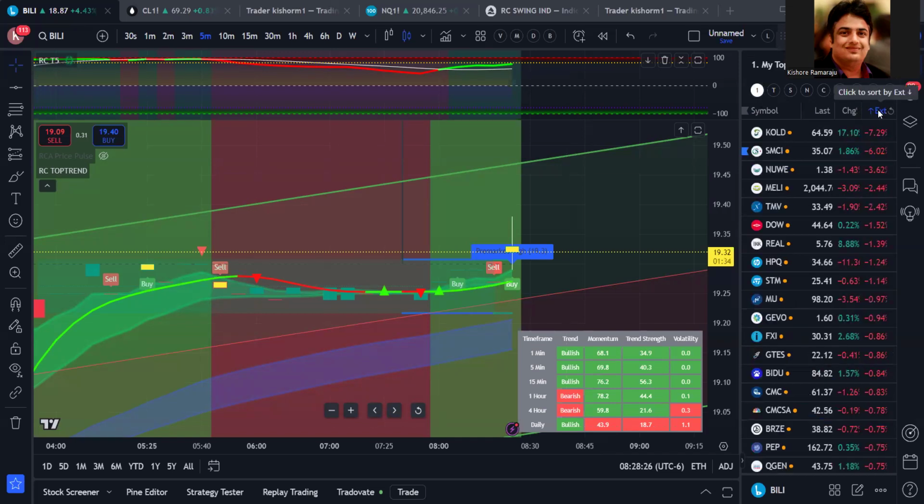Now we'll look at which tickers are moving very bearish in the pre-market.